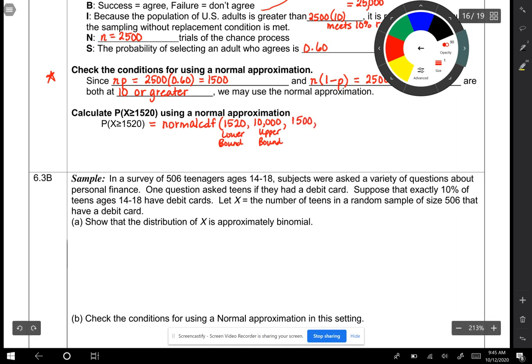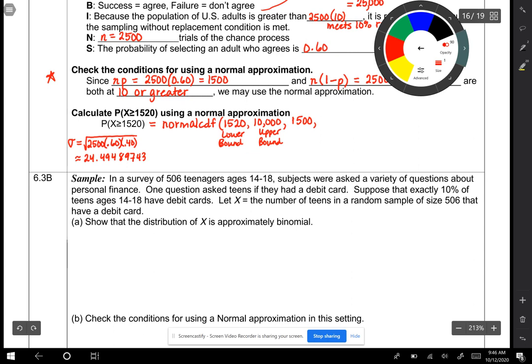But your standard deviation, you have to, because you have to take the square root. So I'll do the standard deviation out here. So the standard deviation is 2,500 times 0.60 times 0.40. Multiply all that and take the square root of it, and you're going to get about 24.49489743.